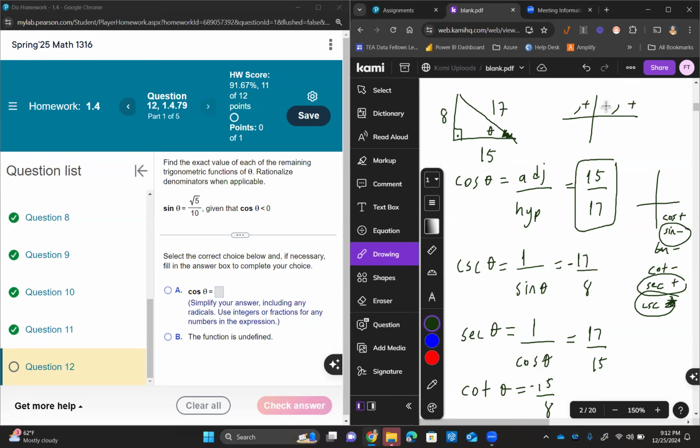But in quadrant 1, sine and cosine are both positive. In quadrant 2, cosine is negative and sine is positive. So since cosine is negative and sine is positive, you're dealing with an angle in quadrant 2. You can either use identities or right triangles for this question. And that's all for section 1.4.